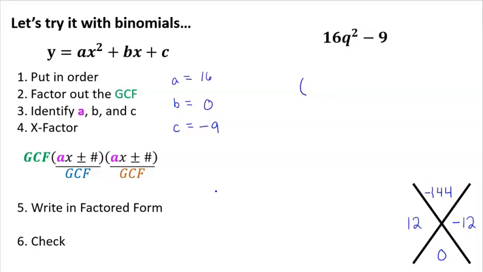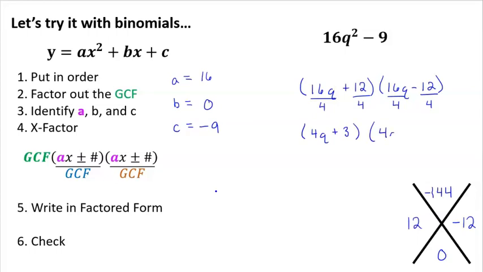And so from here, I can do the exact same thing that I've been doing. This one is going to be the same thing, except it's going to be minus. And then we've got 4 going into both of these. And we get 4q plus 3, and then 4q minus 3.